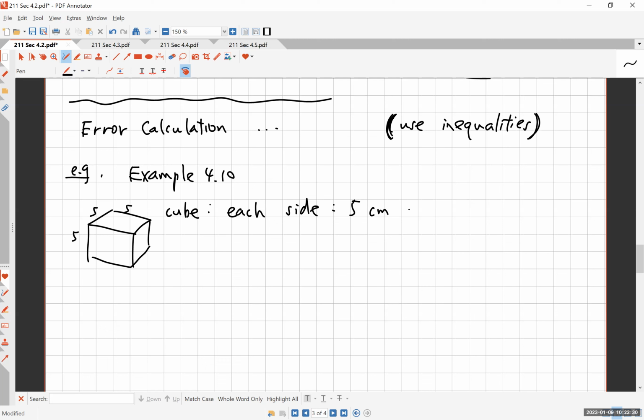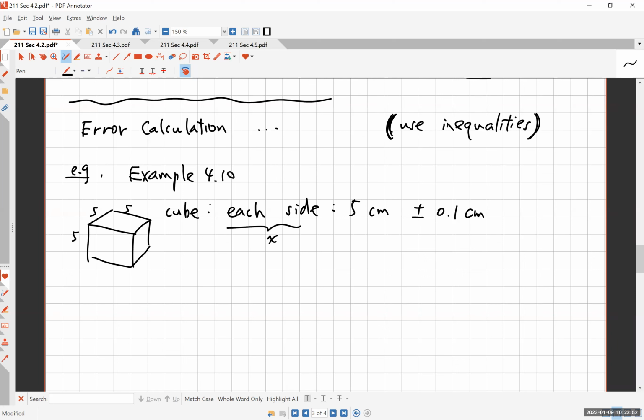So let's say you think it's 5 centimeters, but you can call this a manufacturing tolerance or manufacturing error or even measuring error. We think it's 5 centimeters, but actually this could be off by 0.1 centimeter or 1 millimeter. Each side, let's call this x.